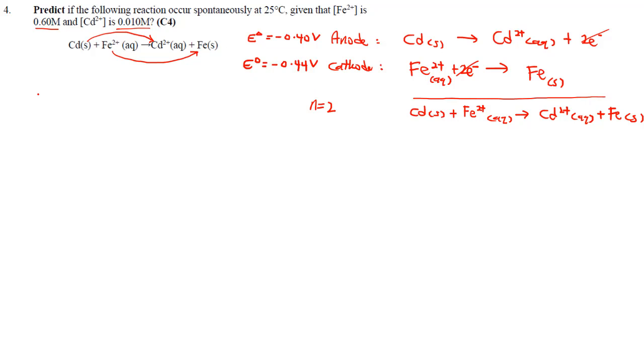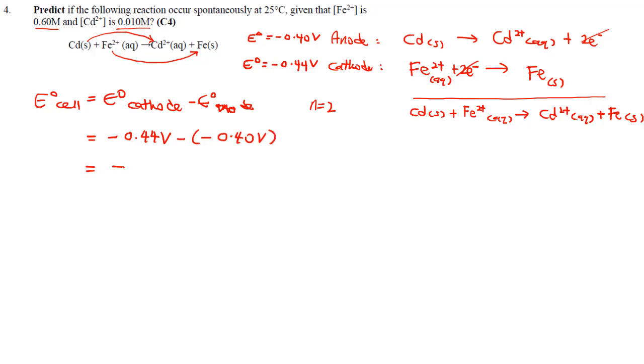Okay, so what we calculate first before the Nernst equation is our E0 cell, which is cathode minus anode. Okay, so our cathode is our iron, which is negative 0.44 volt, minus our anode, which is negative 0.40 volt. Okay, so it should give us negative 0.04 volt. Okay, so now we have all the information that we need.